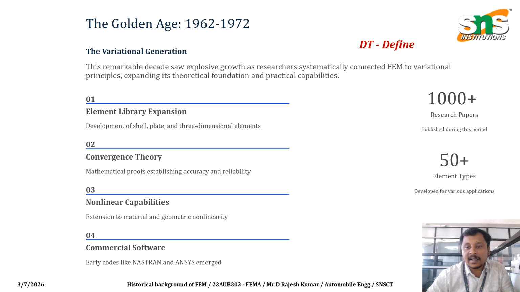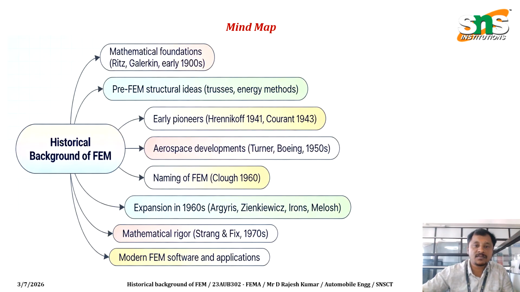During this decade, around 1,000 plus research papers were published, and they also developed 50 plus element types for various engineering applications. So this is the highlight of the golden age.